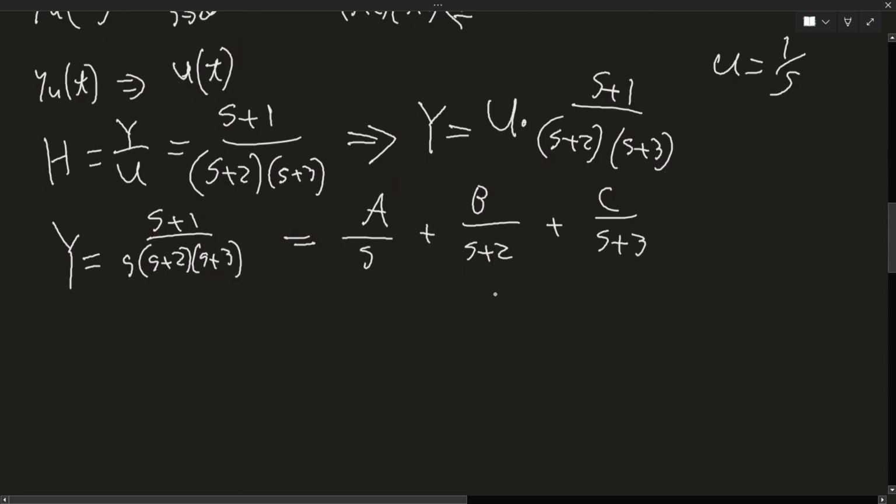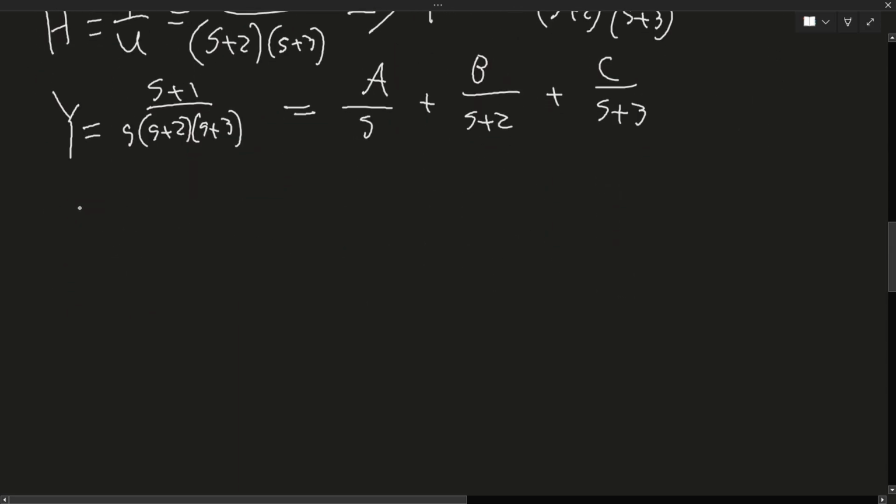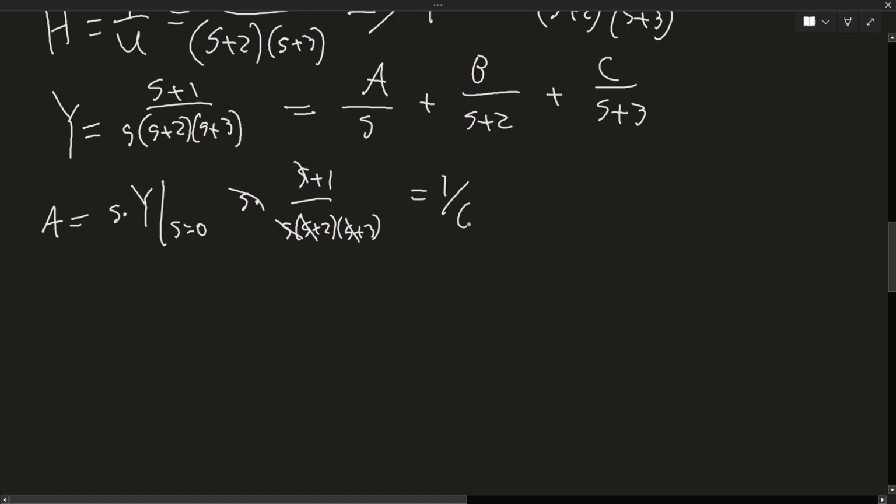Now we're going to use the example that I wrote earlier in this video. A is equal to s times y evaluated at s equals 0, which is 1 over 6. Same thing with B. I'm just going to do it in my mind, but it's just basic algebra.